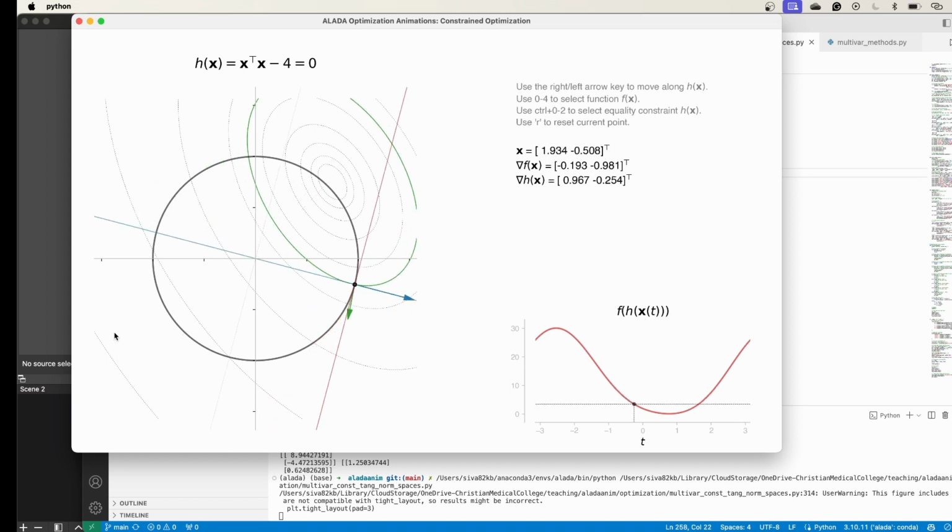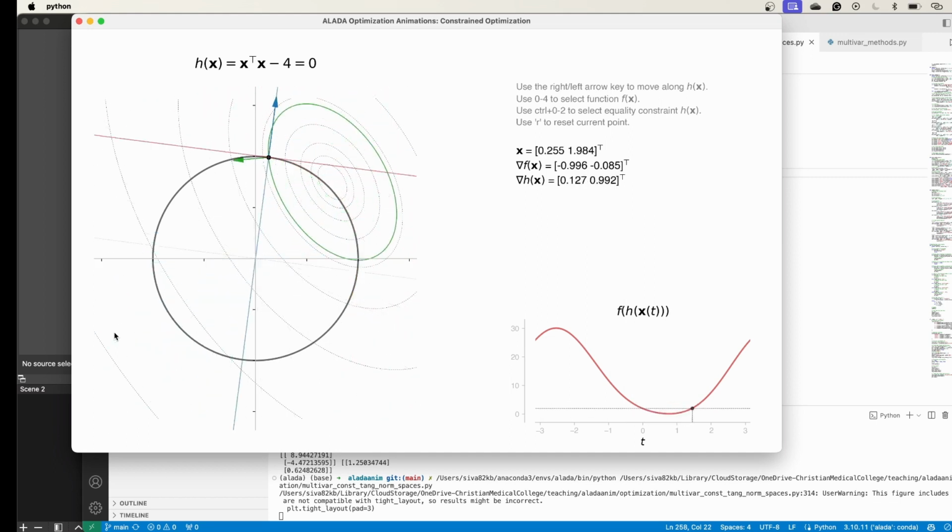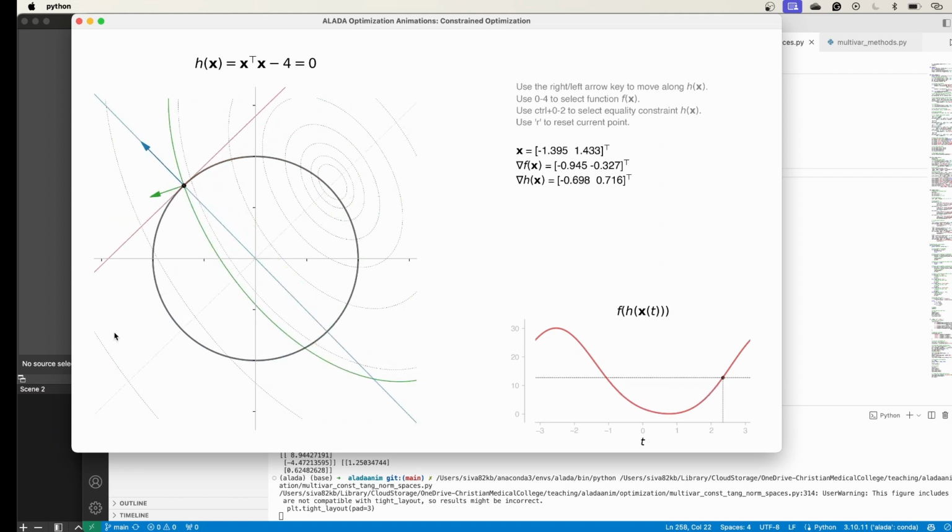Let's say my h of x is x1 square plus x2 square equals 1. Then you can simply move along the circle, and you see the red and blue lines essentially change because the normal plane and the tangent plane are different at each point on your circle.